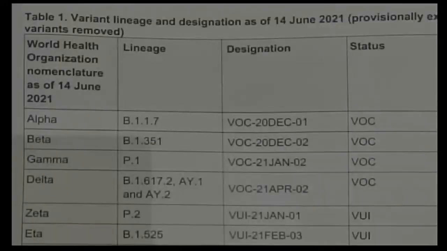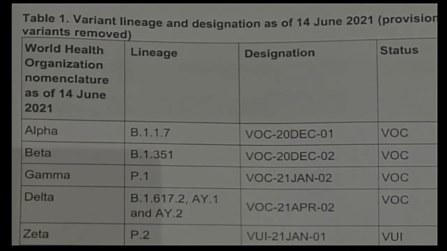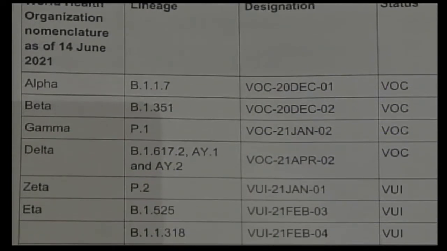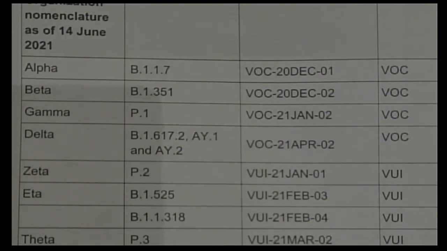Of course, the ones of concern are the ones that have increased in numbers in different countries, and where transmissibility and infection have increased. So yes, this chart that we just pulled up here, the most important ones listed are the alpha, beta, gamma, delta variants. They're called VOCs, variants of concern.